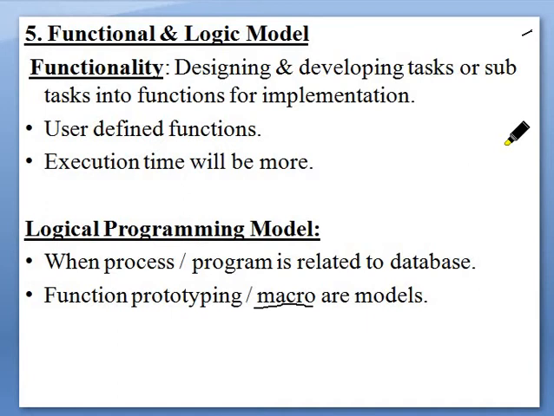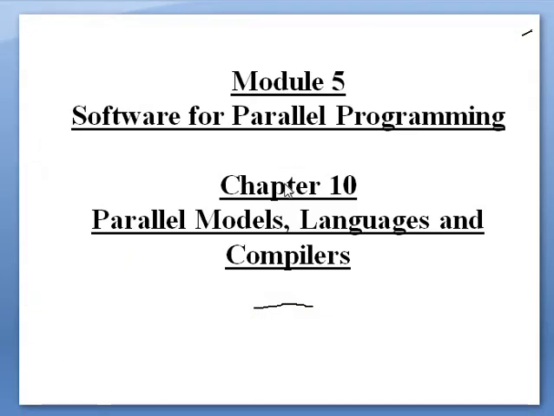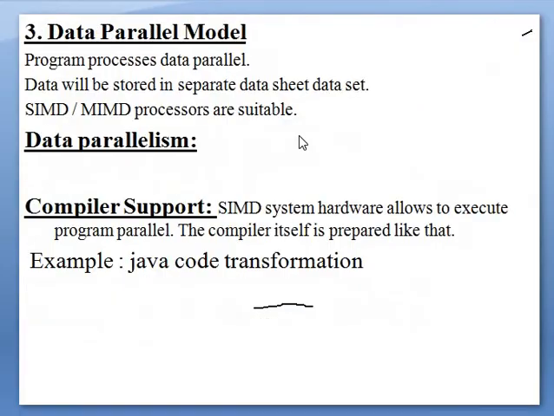Whereas a macro, which you studied in system software or compiler design, gets included in the main wherever it is called. Thereby space will increase, but the computer executes in continuous mode, so the time taken to execute a macro will be less than the time taken to execute a function. So this is what is related to the first concept, parallel programming models, and there are 5 different models.